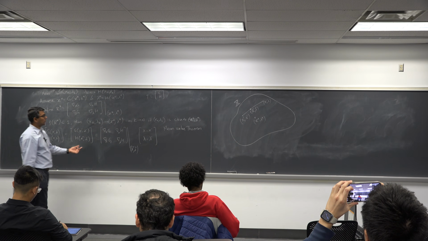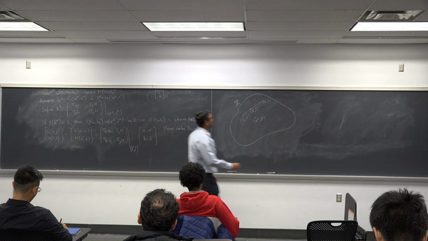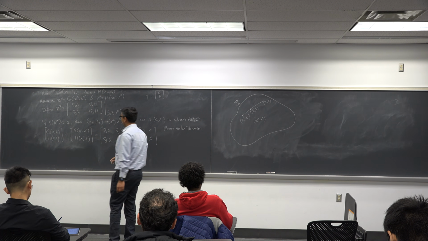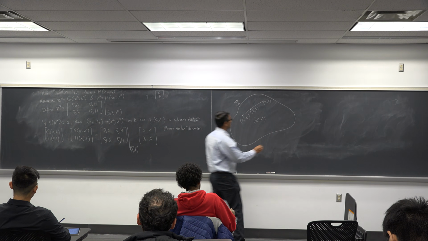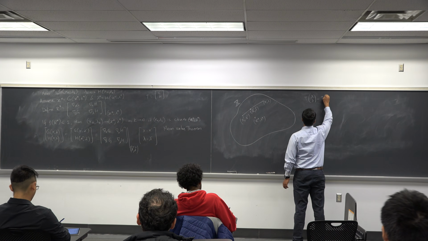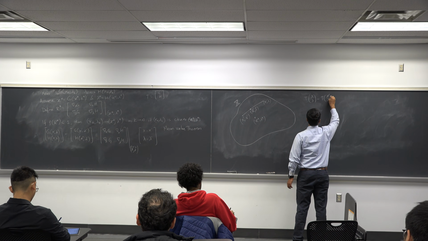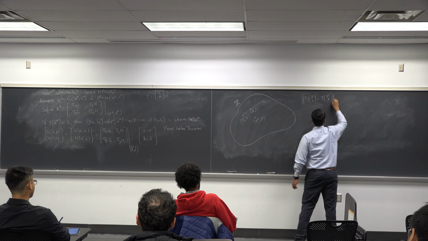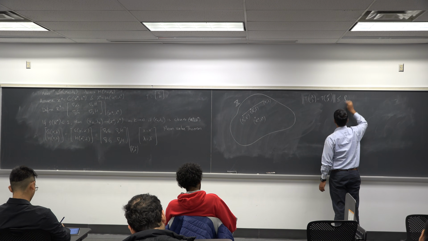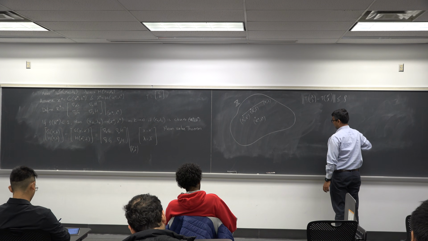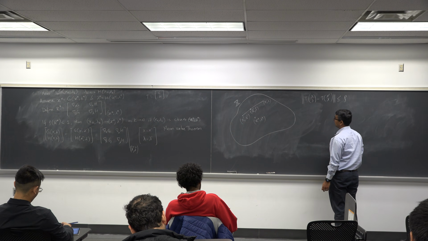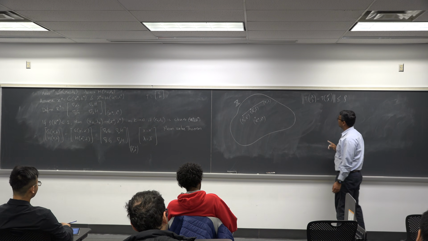How do I know that this is a contraction? Then I can take the norm. Maybe I'll write it this way. So the norm of T(x, lambda) minus T(x prime, lambda prime) is less than or equal to the spectral radius, well, no, I want to make a point clear.